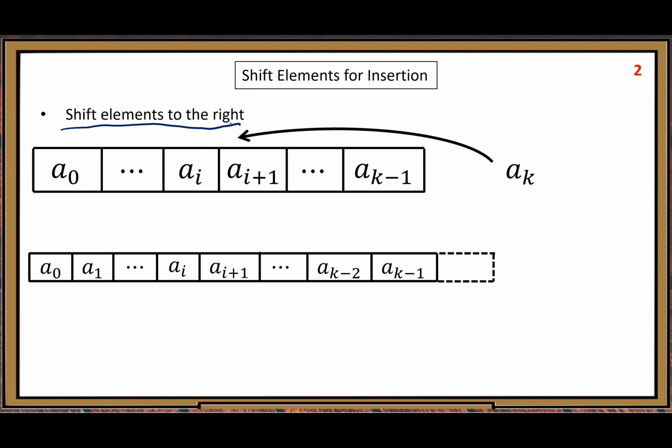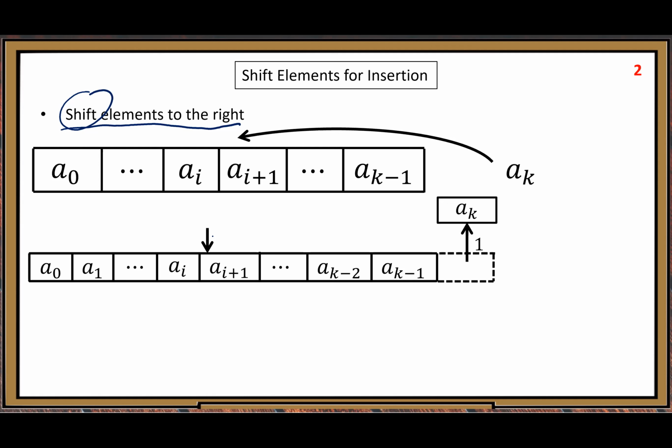How do you find room for the new element? We use that shift operation, shift to the right. Assume this arrow place is the correct position for the new element A sub k. We need to locate it and then do the arrangements.